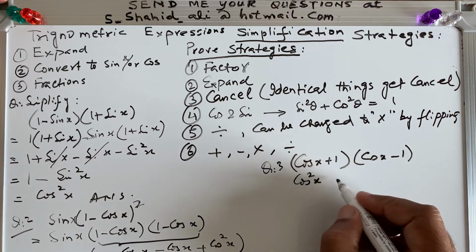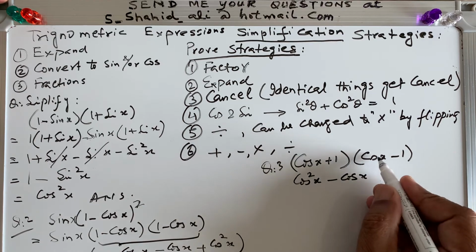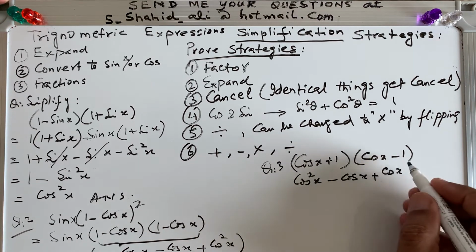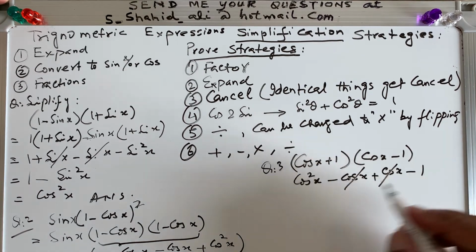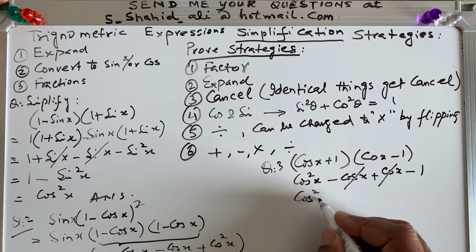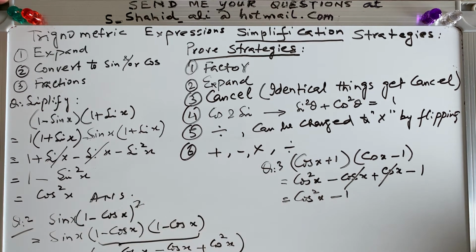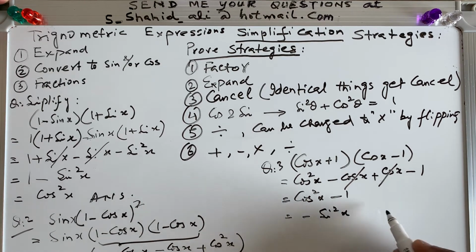Cos x times minus 1 is minus cos x. 1 times cos x is plus cos x. Plus 1 times minus 1 is minus 1. Plus cos x and minus cos x get cancelled. So you are left with cos square x minus 1. And cos square x minus 1 can be written as minus sin square x. So this is your answer.